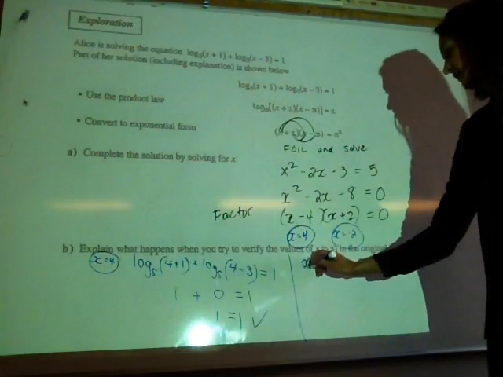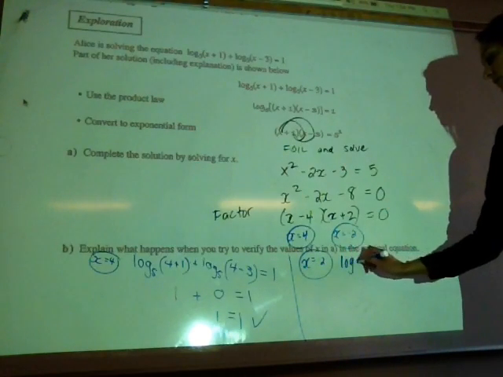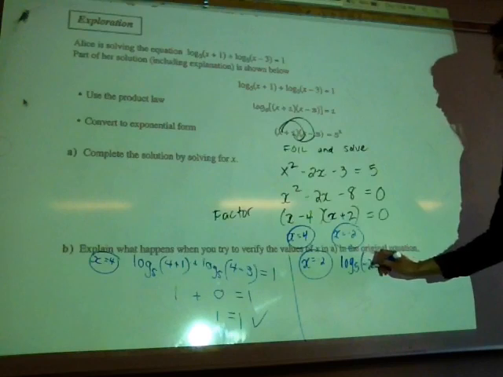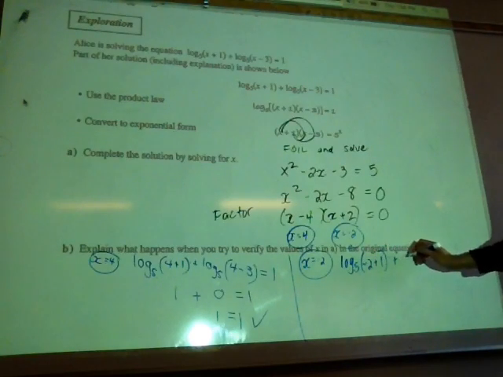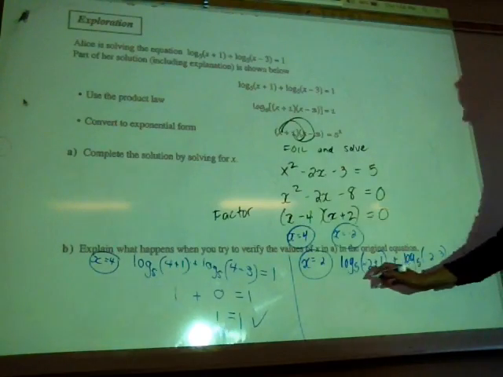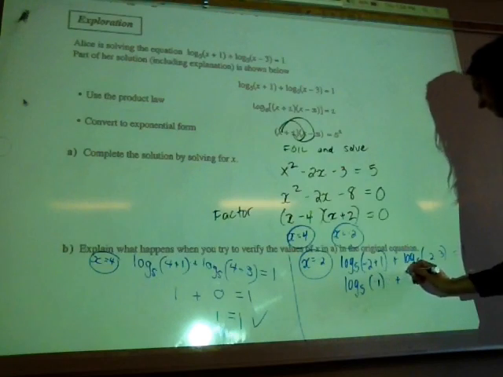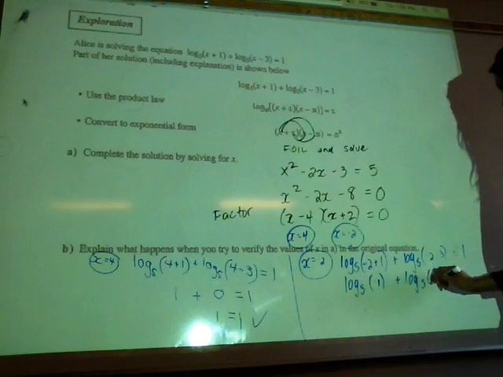Now we're going to check x equals negative 2. So again, subbing into the original equation, we have negative 2 plus 1 as our first argument. And then subbing into the second argument, we'll have negative 2 minus 3. That equals 1. Let's just simplify here.